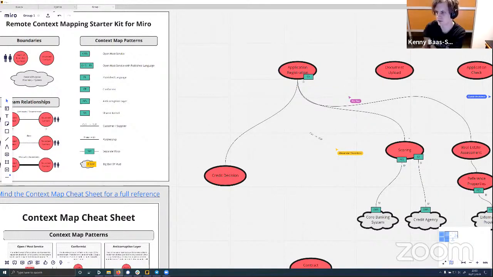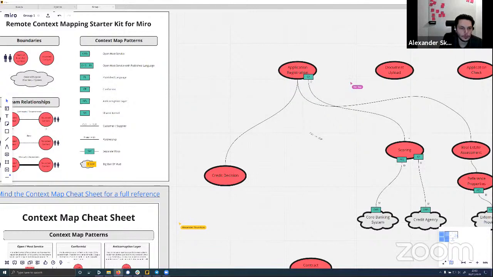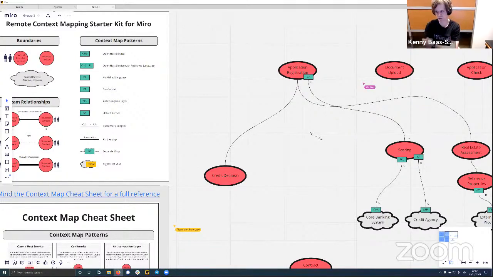As I put in the chat, if you look at Eric Evans' pattern book on domainlanguage.com, it says agile teams can make the downstream team play the customer role to the upstream team in planning sessions. So your application registration has influence on what scoring needs to build, their priorities.